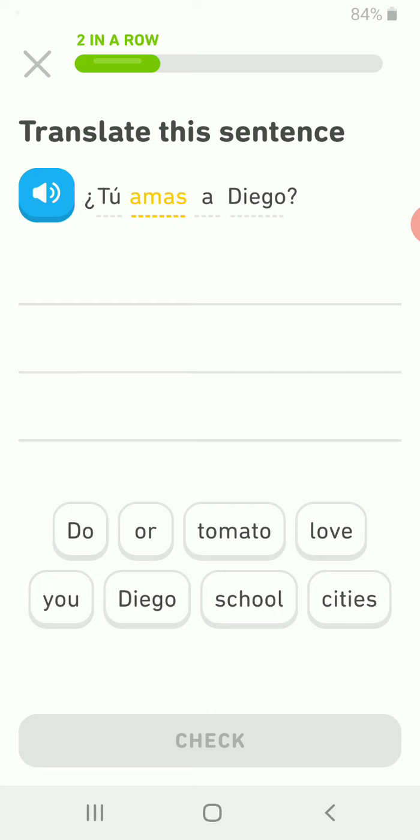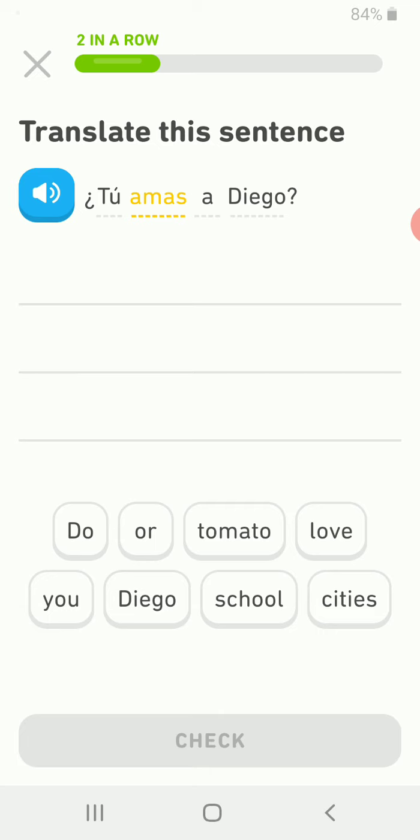Encantar is to love, and this is to love things, but not people. If I say me encanta tocar la guitarra, I love to play the guitar.